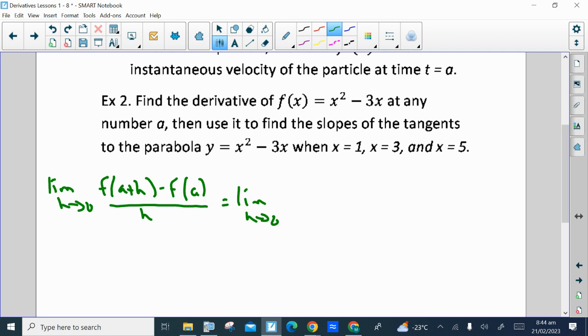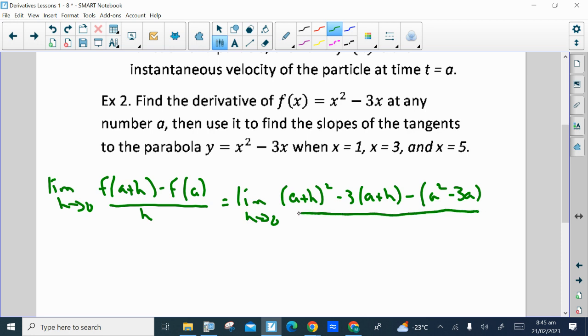So the first part of this is f of a plus h. So wherever I see the x, I'm going to replace it with a plus h. So it'll be x squared, which becomes a plus h all squared, minus 3x, or 3 times a plus h. The second part is minus f of a, I should say. So instead of x squared minus 3x, it'll be a squared minus 3a.